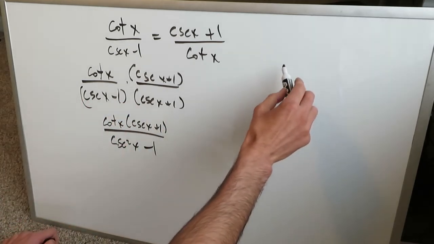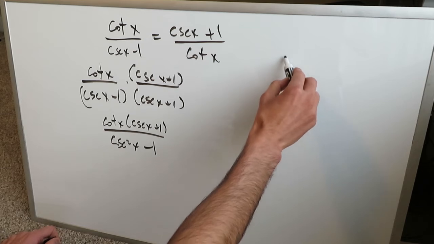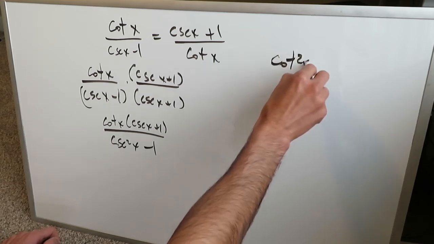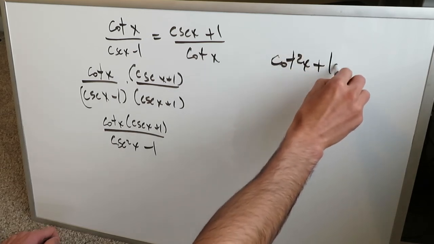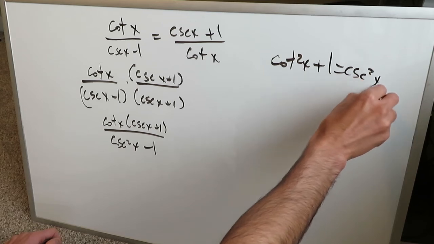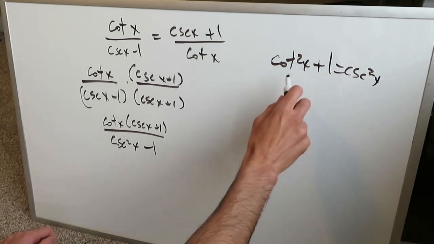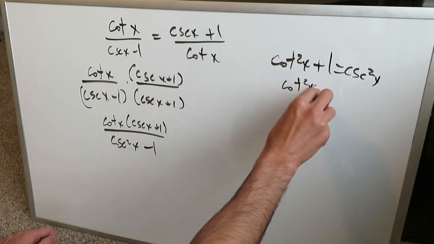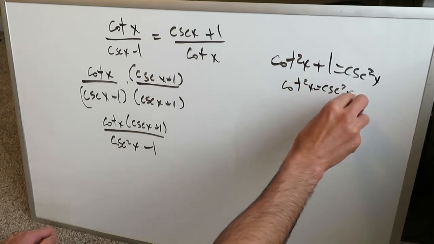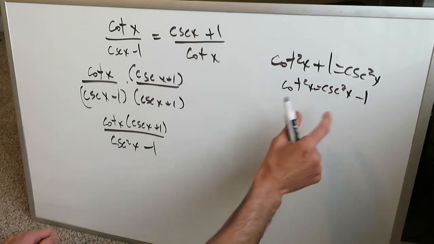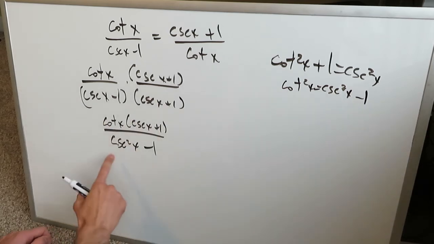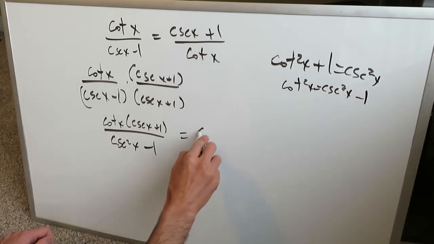Come back to this identity, and I'm going to show you this one right here. The one right here from the very previous question, cotangent square x plus 1 is equal to cosecant square x. Somehow we've got to look at this in this form. If you take the 1 on the other side, the cotangent square x is equal to cosecant square x minus 1. So this substitutes for this, and that's exactly what we have here in the denominator.